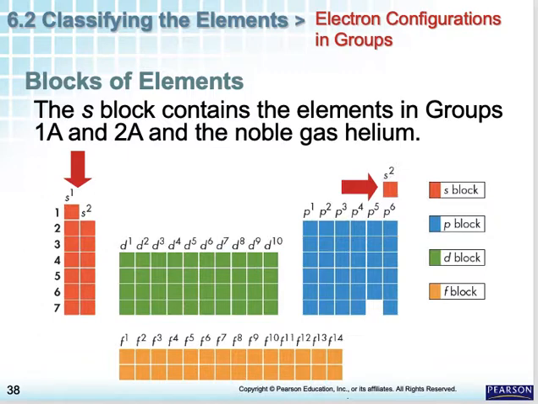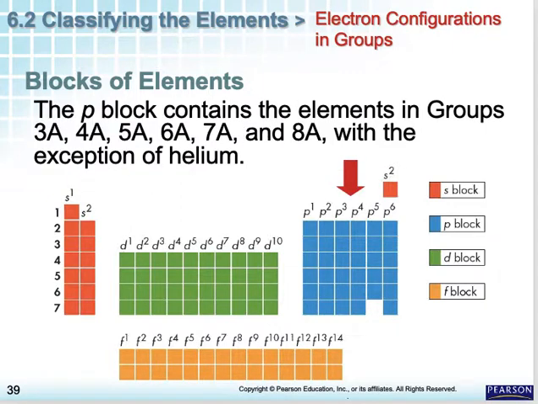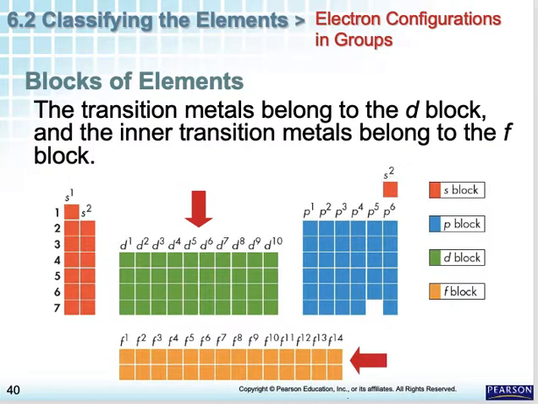You need to know the names for 1A and 2A: 1A is alkali metals, 2A is alkaline earth metals. You need to know the halogens and the noble gases. The P block contains 3A through 8A, with the exception of helium. Inner transition metals are filling the F block.